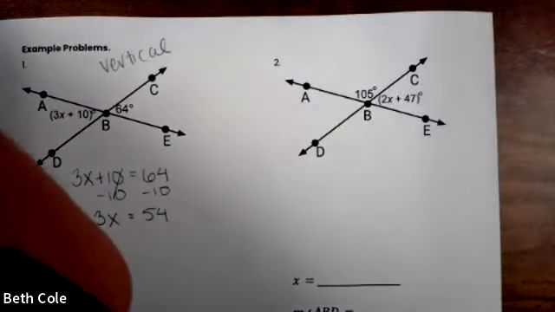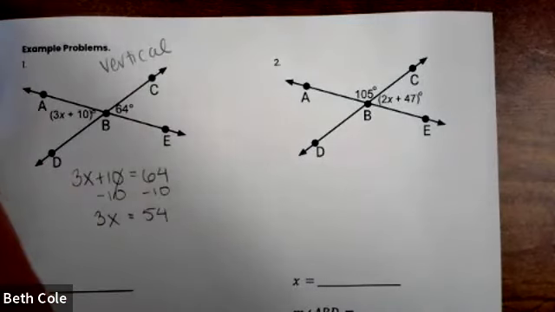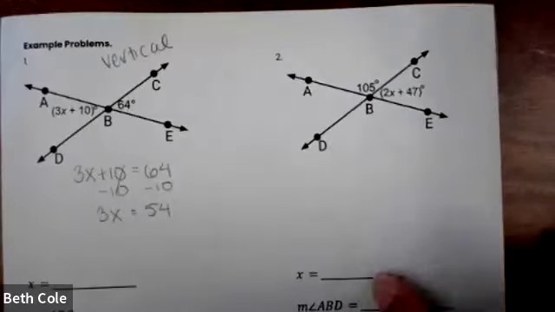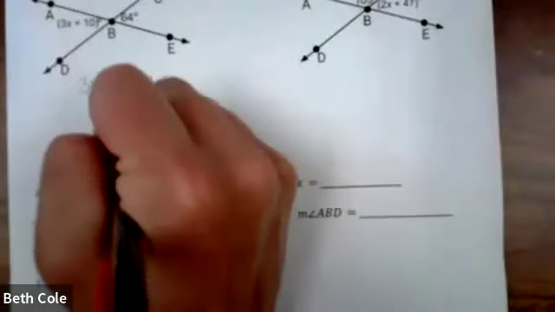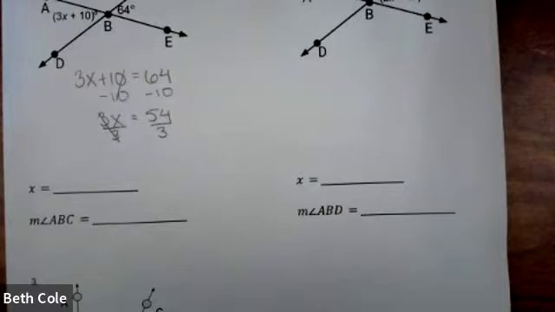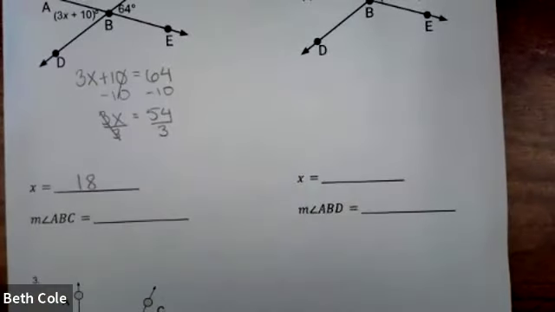Yes, I'm just trying to pull up my Desmos in case the numbers get too big for me. So yes, the next step would be that we're going to divide by 3 on both sides. And again, I would expect you to just type 54 divide by 3 into Desmos. But for right now, I'm going to just be your calculator, and that would give you 18.